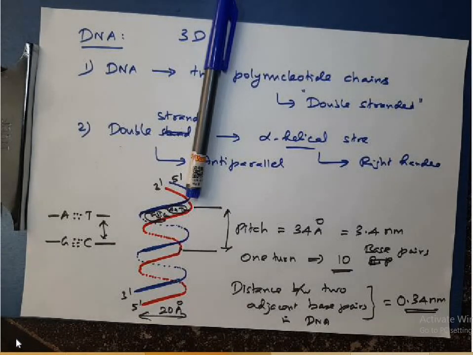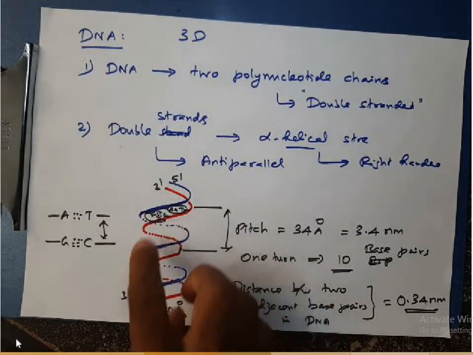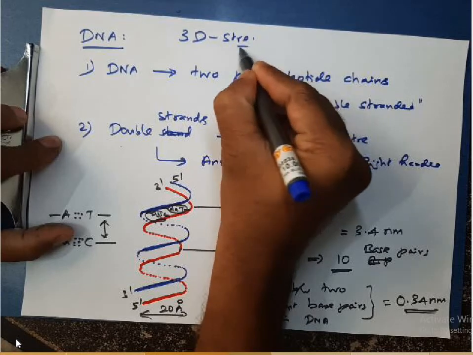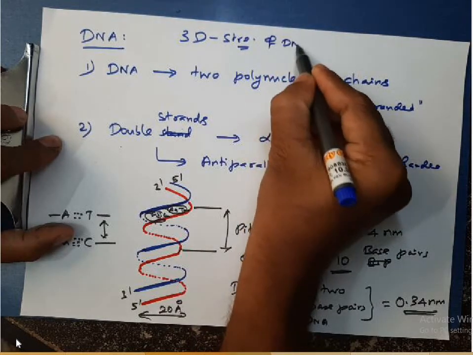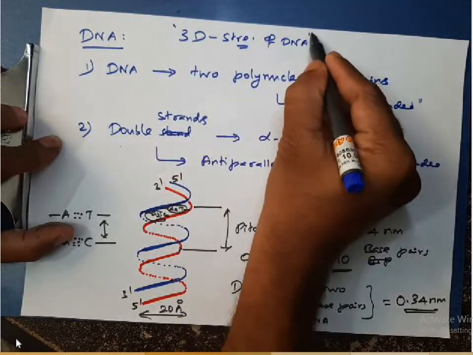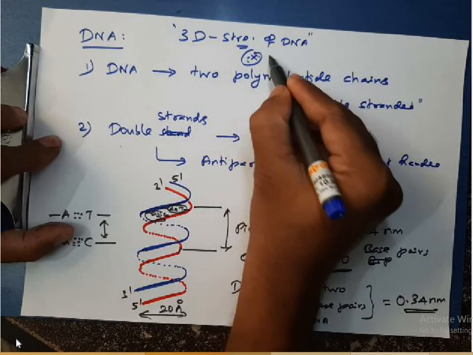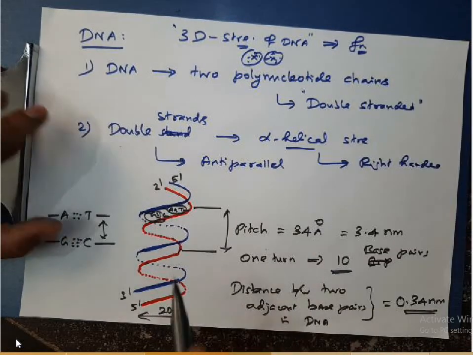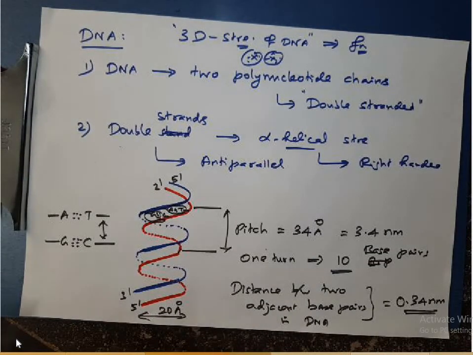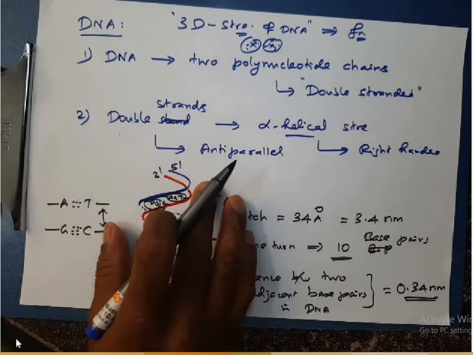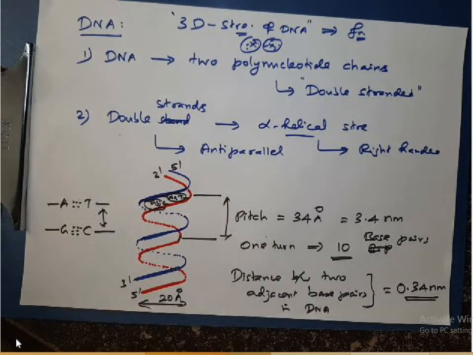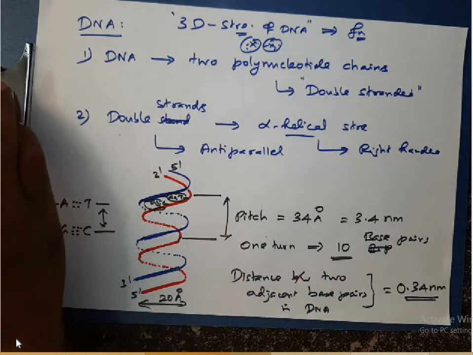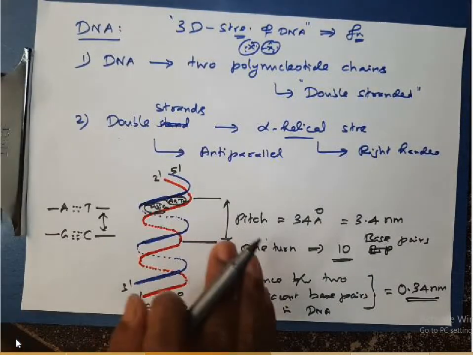So this is very important. The three-dimensional structure of DNA is very, very important for its function. You know very well DNA has specific functions. So the three-dimensional structure of DNA is responsible for its function.